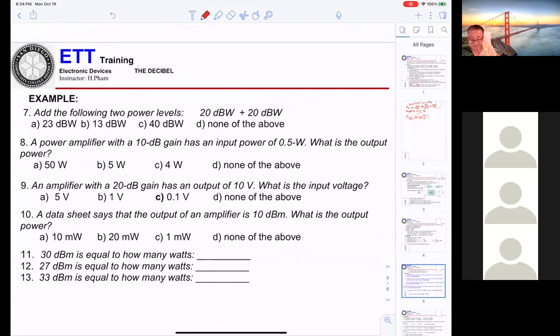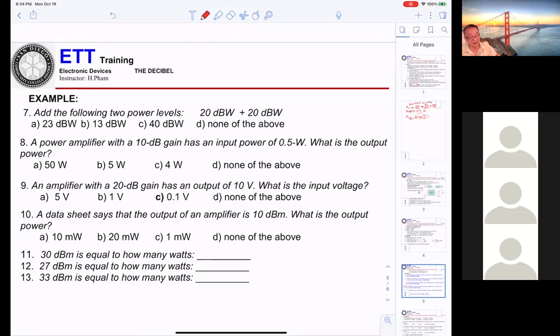Adding the following two power levels: 20 dB watt plus 20 dB watt. Now, make sure you understand. You cannot add dB watt to dB watt. You cannot add dBm to dBm.